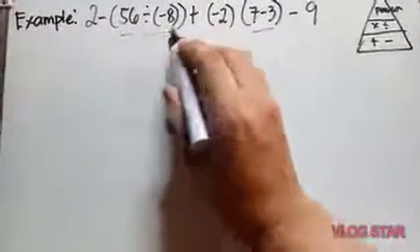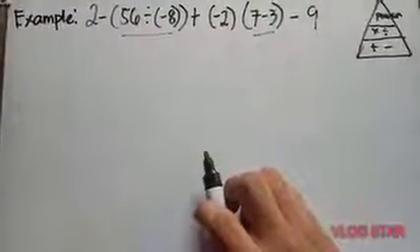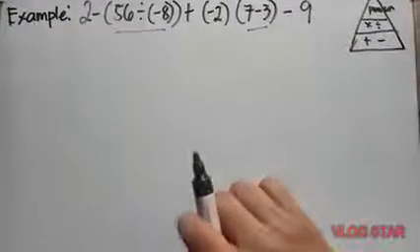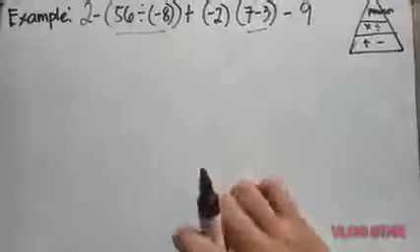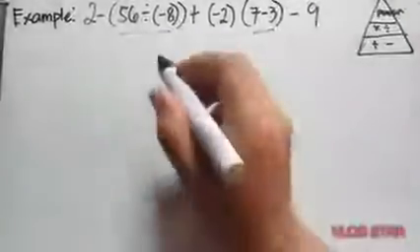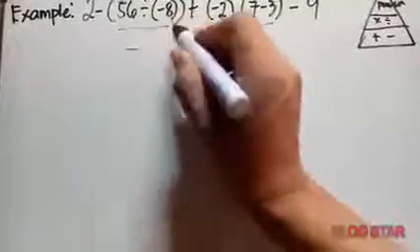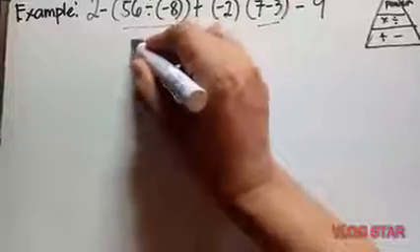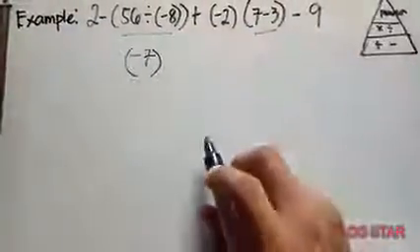So 56 divided by negative 8. So we've discussed a while ago that when you divide two integers with unlike sign, the answer is always negative. So 56 divided by 8, the answer is 7. So the answer is negative 7.